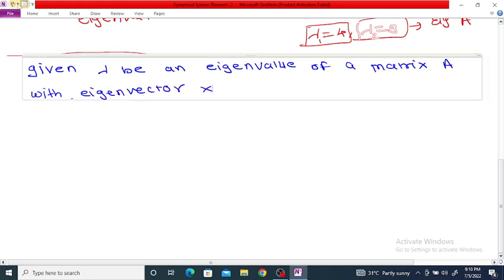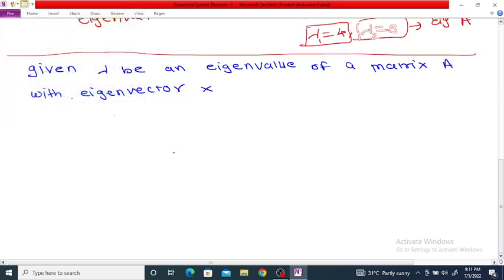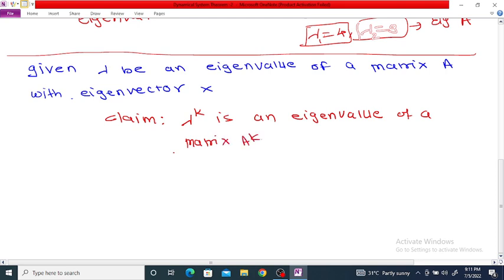And our claim is that lambda raised to k is an eigenvalue of the matrix A raised to k with the corresponding eigenvector x. That is, we are going to show that A raised to k x is equal to lambda raised to k x.